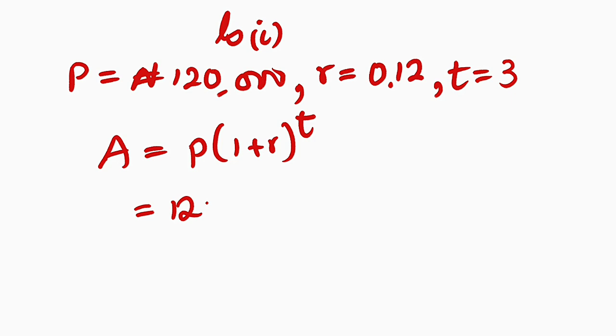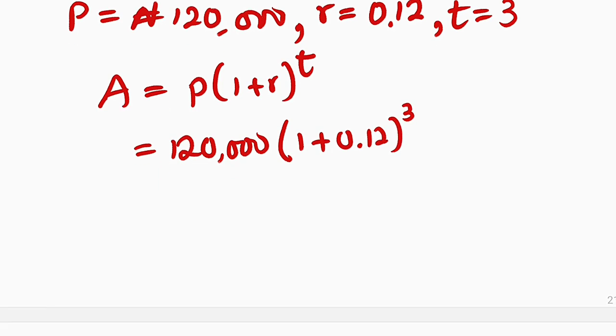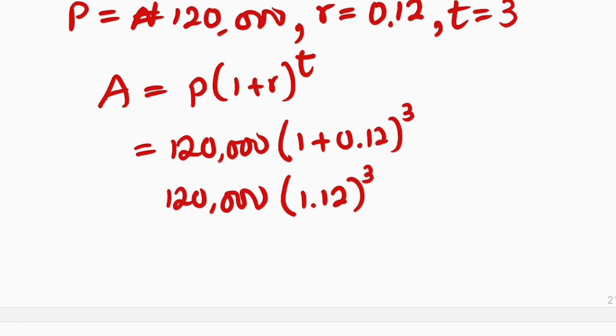This is equal to 120,000 multiplied by 1 plus 0.12 to the power of 3. This is 120,000 multiplied by 1.12 if you add the two together, raised to the power of 3. So now you should use your calculator to take 1.12, raise it to the power of 3.